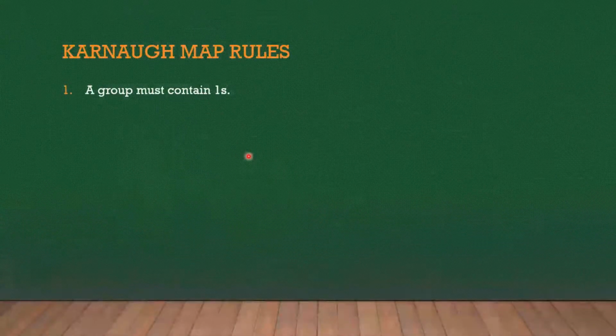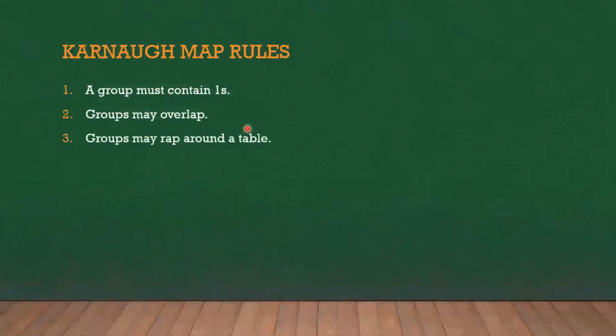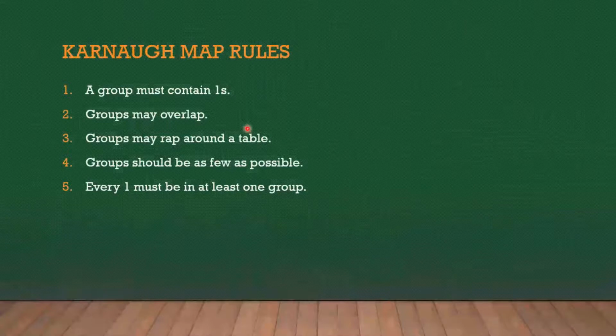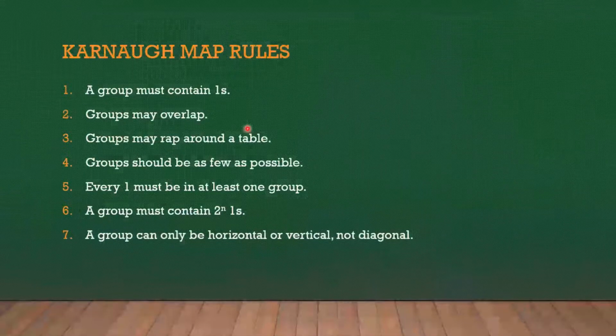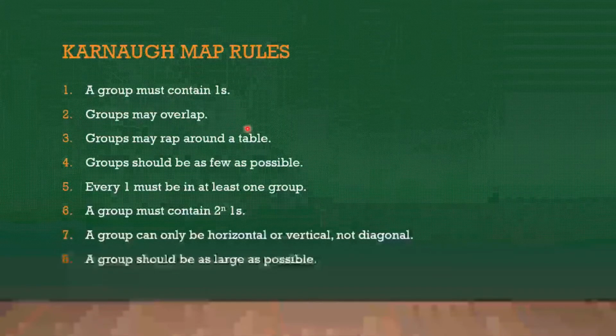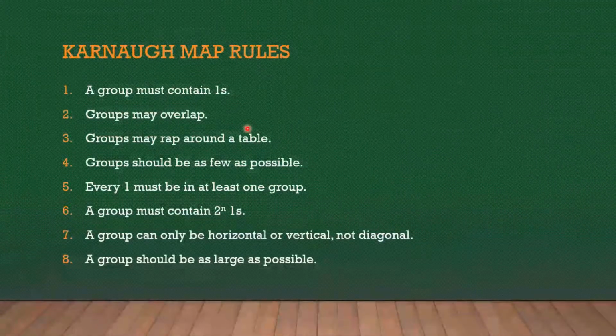Groups may overlap. Groups may wrap around the table. We will see what this means. Groups should be as few as possible. Every one must be in at least one group. A group must contain 2 raised to n ones. A group can only be horizontal or vertical, not diagonal. And last, a group should be as large as possible. We will see this by example.